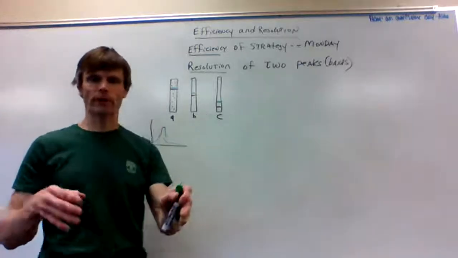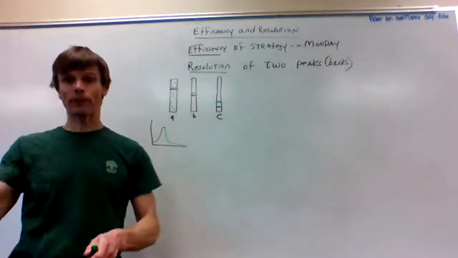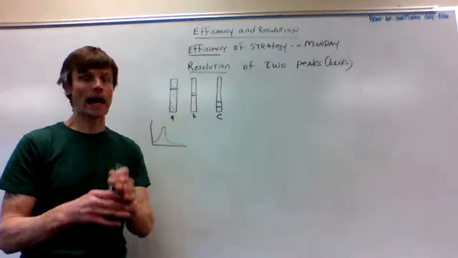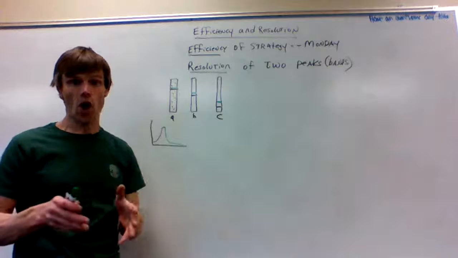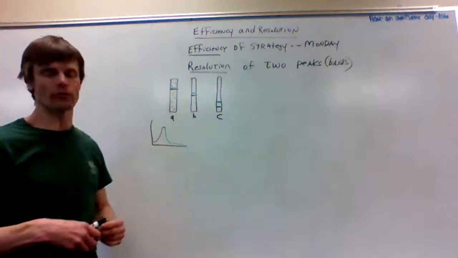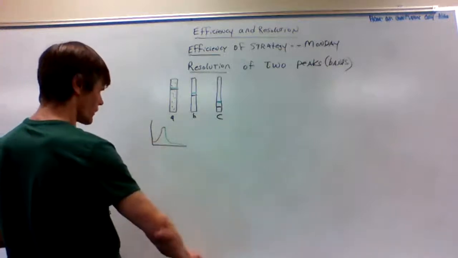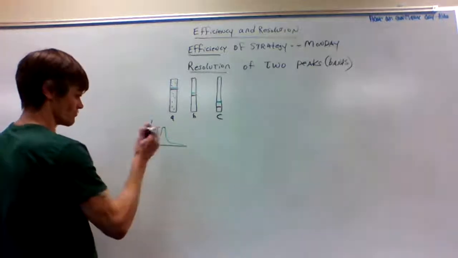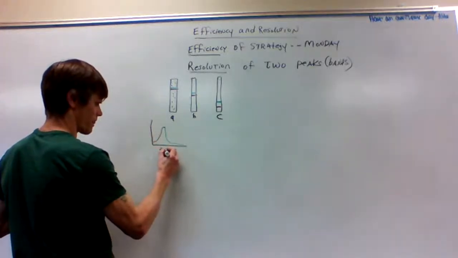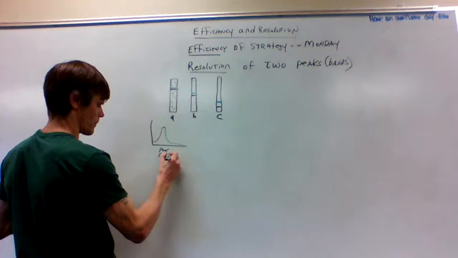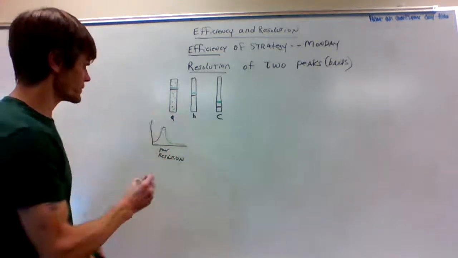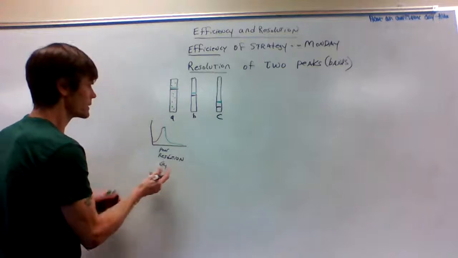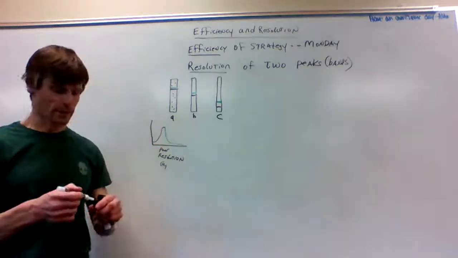We don't have a separate red band. We don't have a separate green band. They're overlapping because they've not yet quite separated in the column. And we're getting poor resolution. So this one right here is poor resolution. This is A, because we can see they're still pretty close to one another.